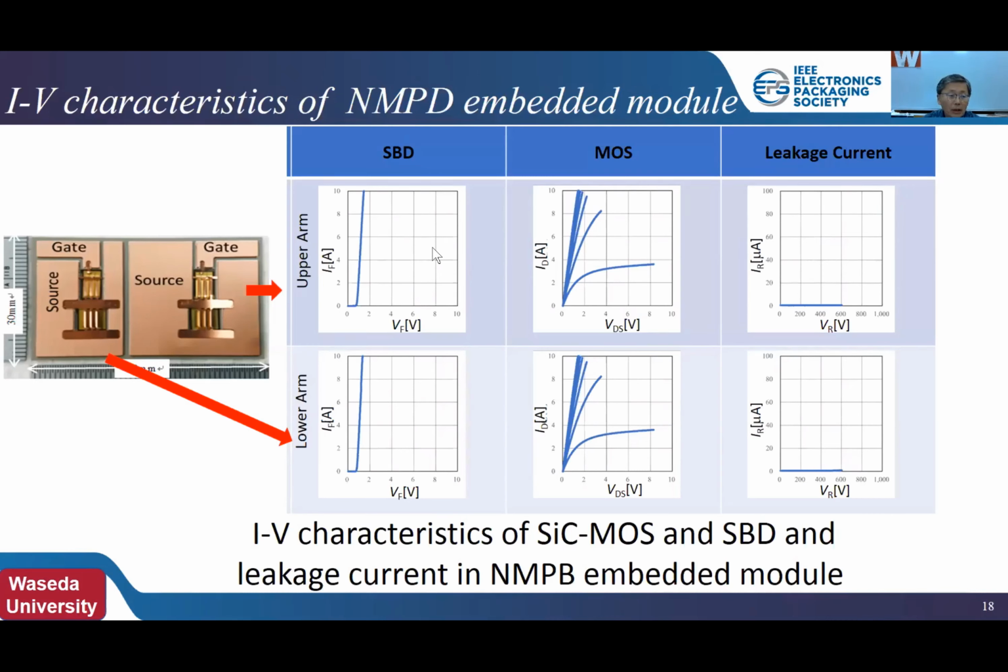IV characteristics of the prototype module were evaluated. This figure shows the IV characteristics and leak test up to 600 volts for the upper and lower arms of the prototype NMPB one-leg module.